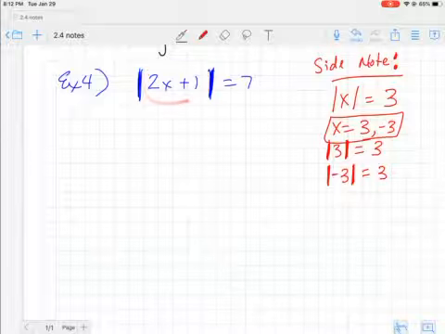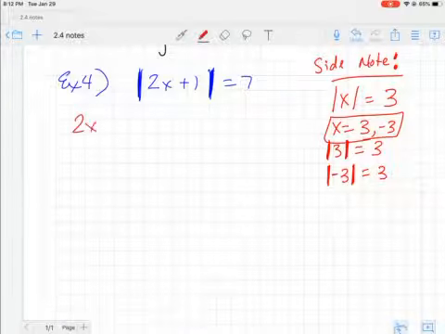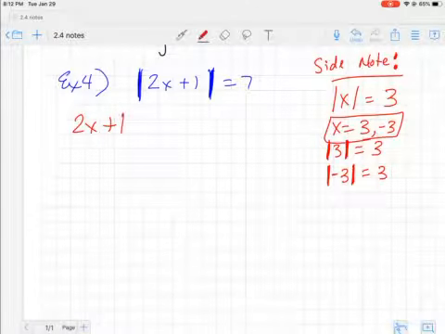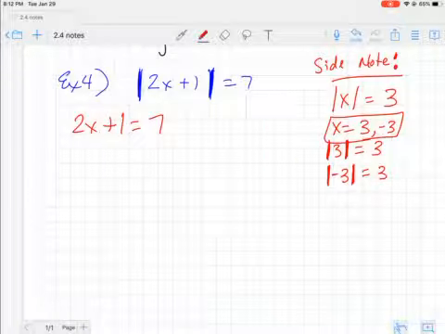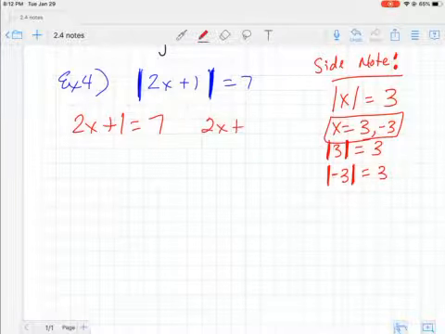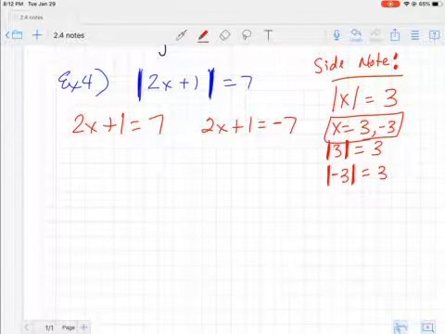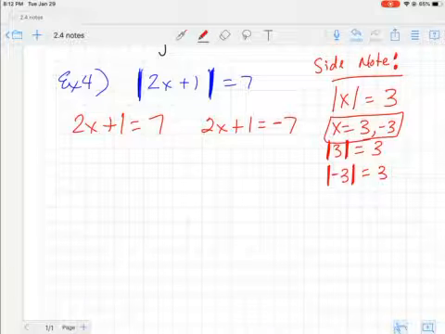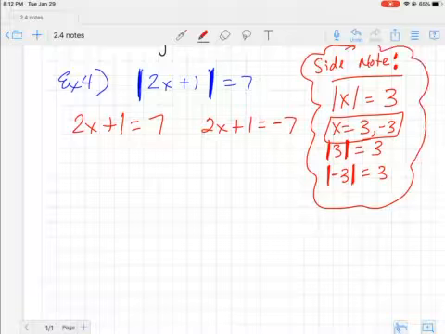So in solving absolute value problems, I want to say, when are the guts of this absolute value going to be a positive 7, and when are they going to be a negative 7? The inside part could either be a positive 7 or a negative 7 because of our side note scenario, right?